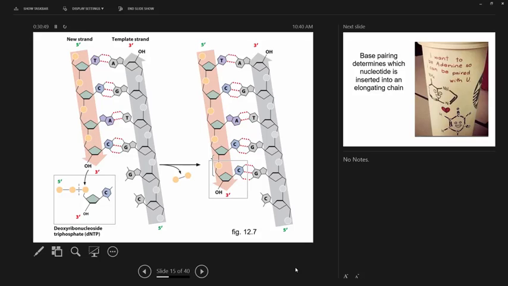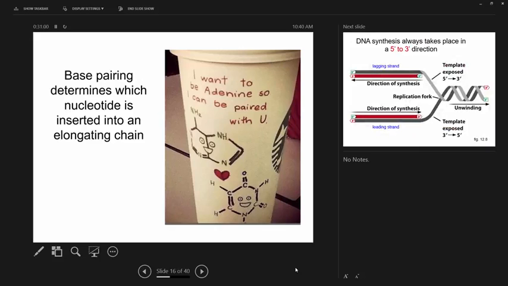If it was a different base, in almost every case, with some exceptions where there are accidents, it never gets close enough for this reaction to occur. It's the base pairing that determines what happens, not the polymerase.